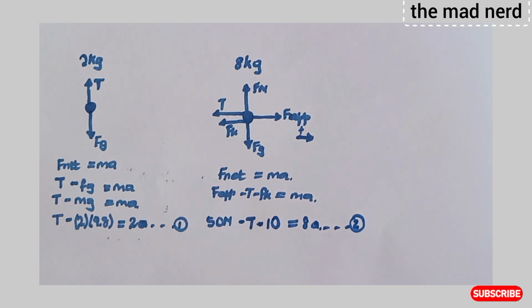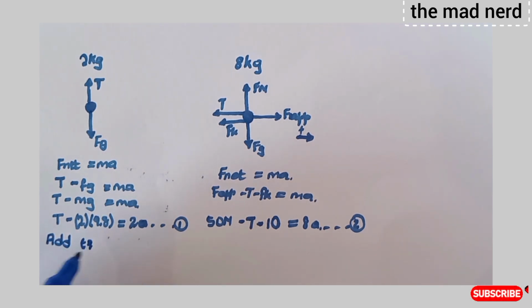Now let's work out the acceleration here. In order for us to find the acceleration in this type of question, we need to add up the two equations. So we add equation 2 and equation 1.